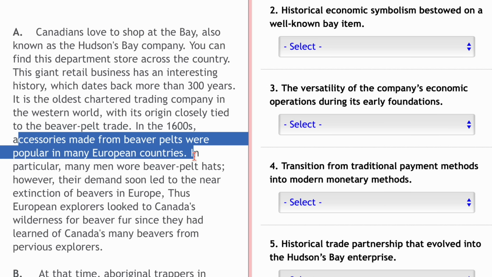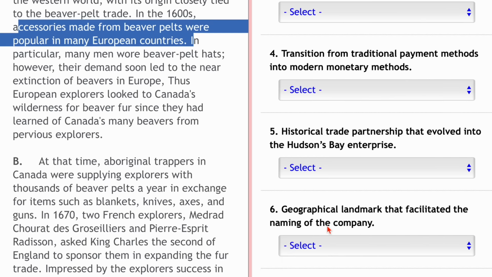Gave us some examples. Now, I see that there, but I don't see it saying that they were popular in the Hudson's Bay market or stores. So, I believe that that one is another distraction. Okay. It's not the exact information.